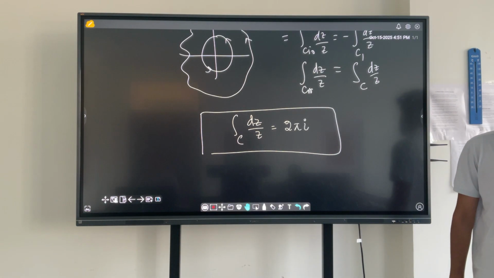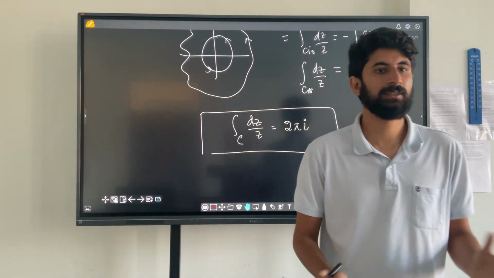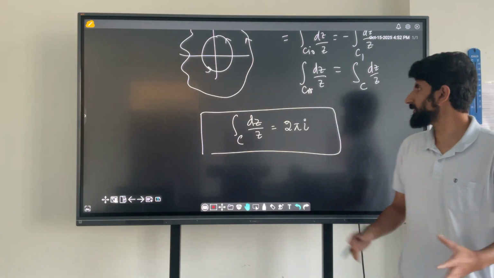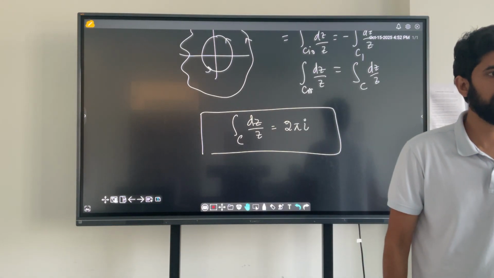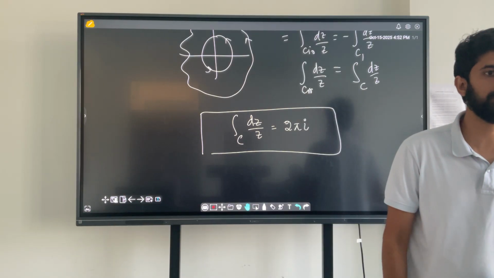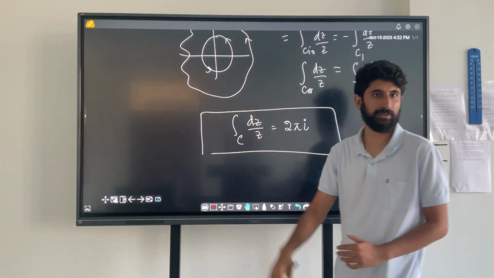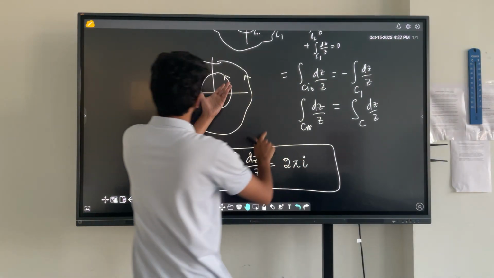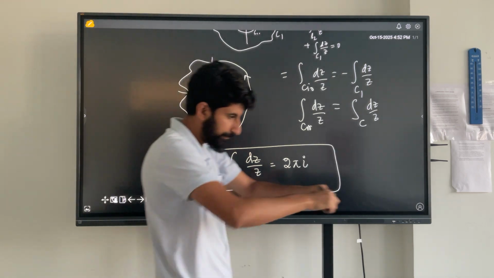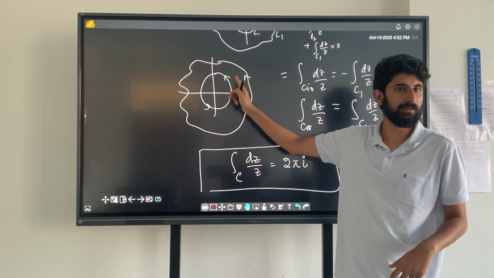So we did it on a circle and we were able to show that it doesn't matter. You can deform the circle if you wish. There is only one thing you are not allowed to do. You are not allowed to deform the circle such that the origin is left out. So I can think of this as deforming the circle here and there, and it gets me this.